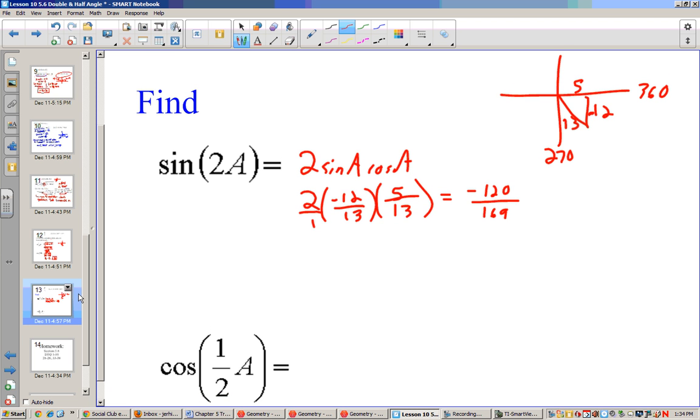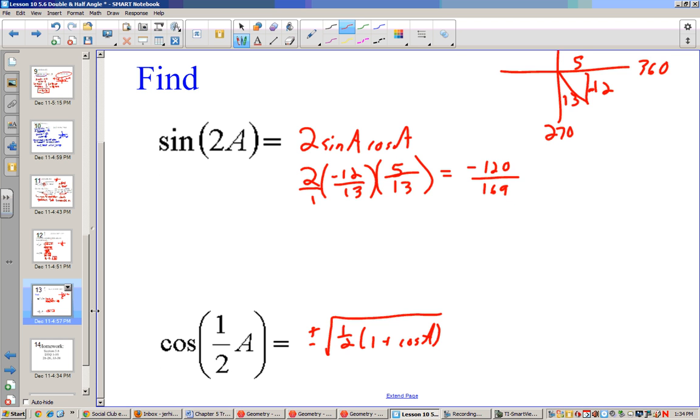All right, so now if I look at cosine of 1/2 A, that's going to be plus or minus the square root of 1/2 times 1 plus cosine of A. Well, cosine of A is pretty easy. That's going to be 5/13. So we have 1/2 times 1 plus 5/13.